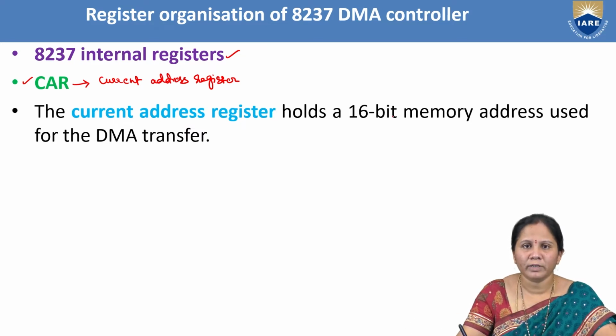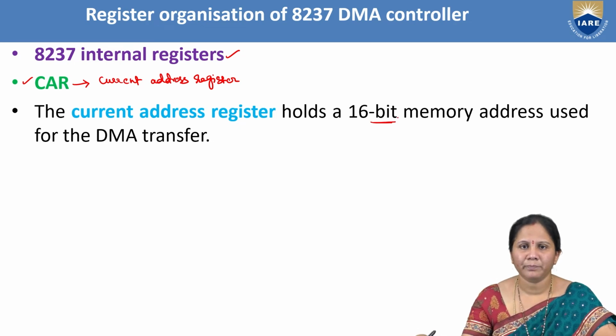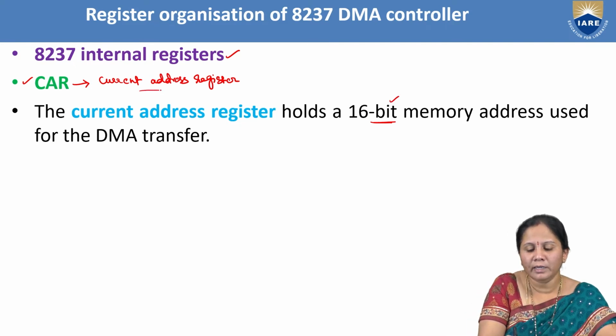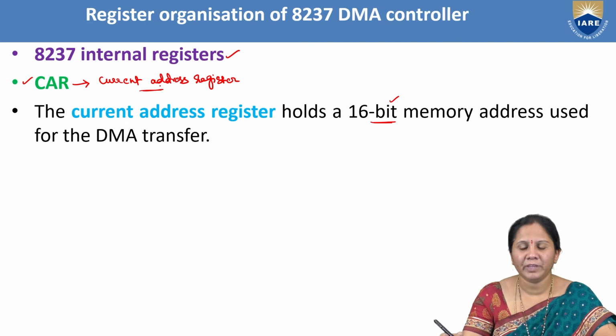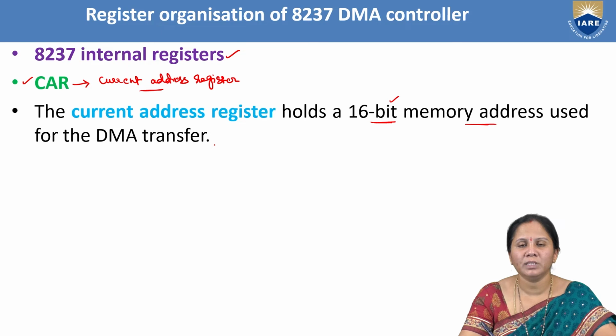If you observe in the block diagram, this register is 16-bit. In this 16-bit register, the current memory address will be stored. Using that current memory address, the DMA controller performs the data transfer if any IO device wants to transfer data.